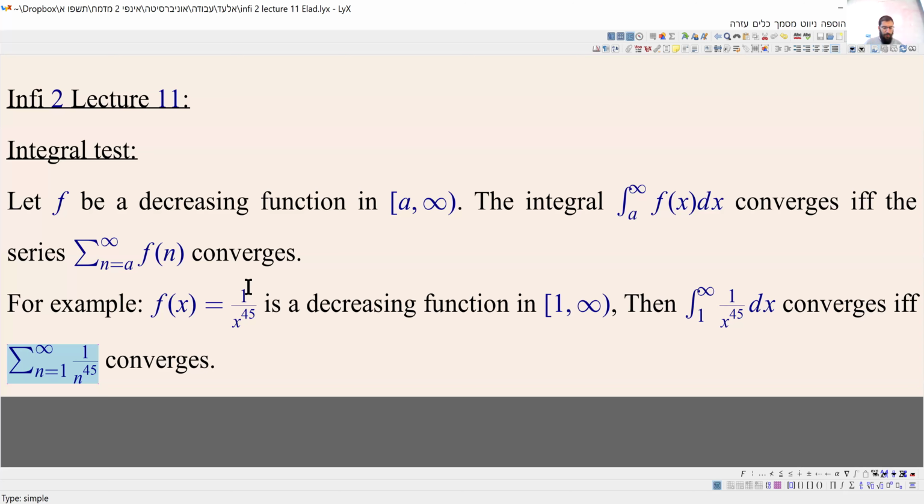But there are places, courses, whatever, that study calculus in a different way.